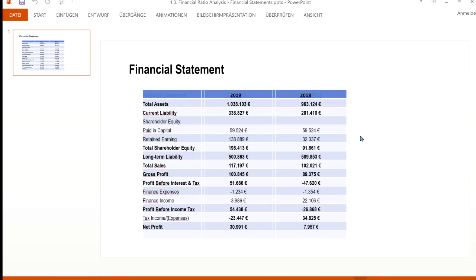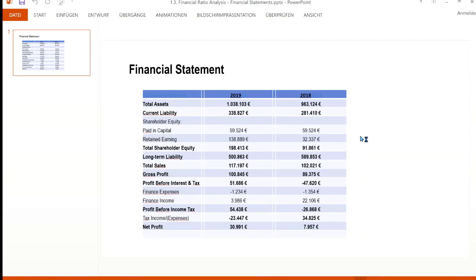So on this page is a financial statement. With that, I mean that I've put the balance sheet and P&L together. So on the left-hand side is, for example, total assets, current liabilities, total shareholders' equity, long-term liability, total sales, gross profit, profit before interest and tax, profit before income tax, and then tax expenses, and then we have the net profit.